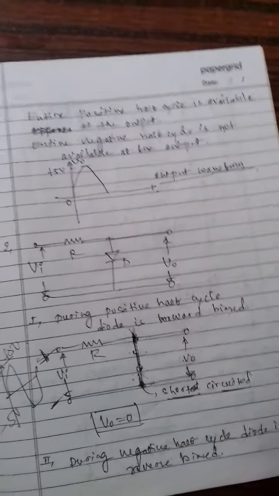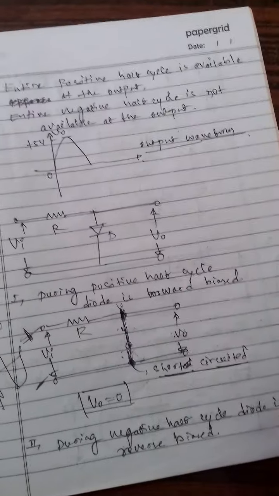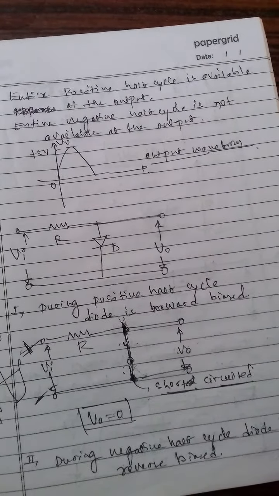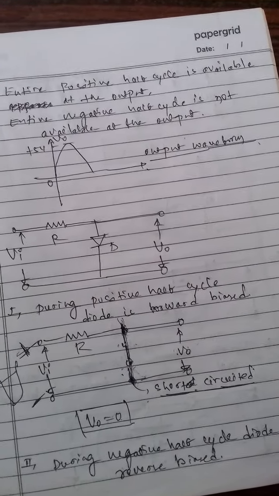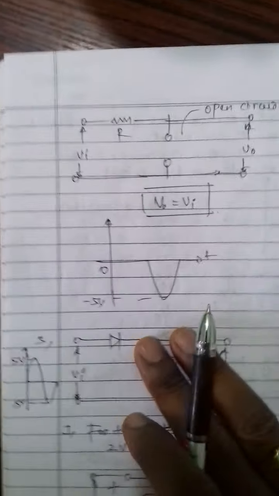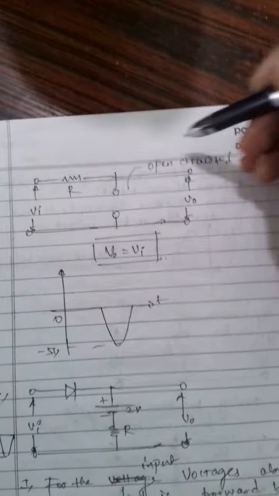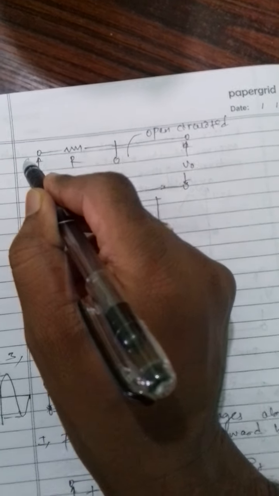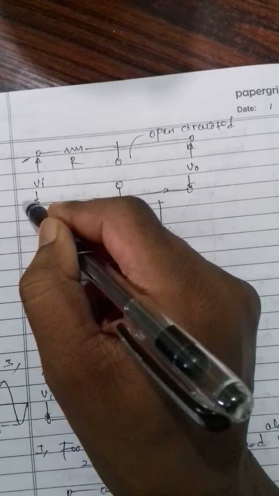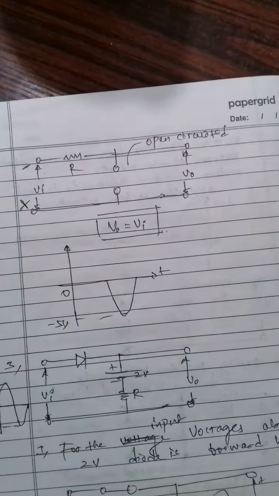Now during the negative half cycle, the diode is reverse biased. When the diode is reverse biased, you have to make this negative and this positive during the negative half cycle.